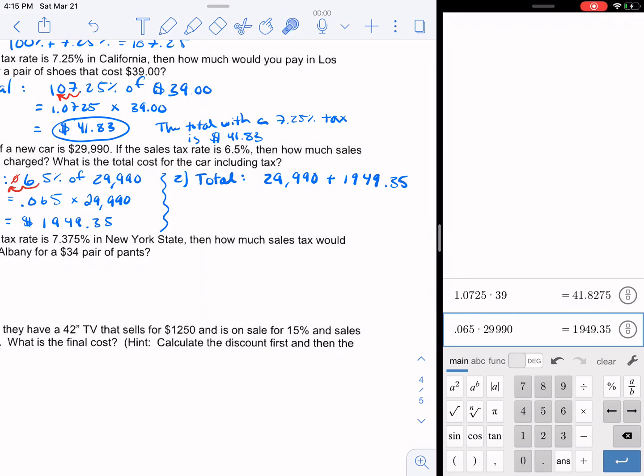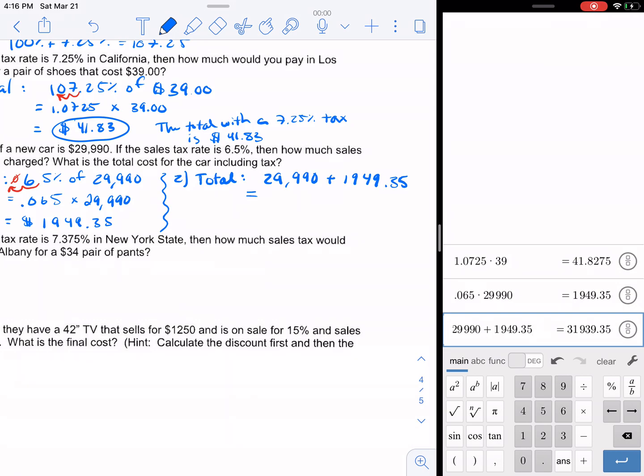So you have the original cost and now the tax that you're also going to pay. So in total, you're going to pay 29,990, and you're going to pay 1949.35 more.